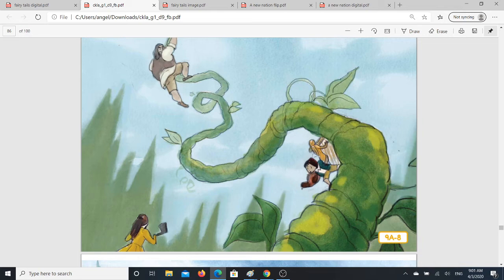By this time, Jack had climbed down and reached home. Mother, he cried, give me an axe and hurry! His mother came rushing out with the axe in her hand. She ran with Jack to the beanstalk, and then she screamed with fright as she saw the giant making his way down.